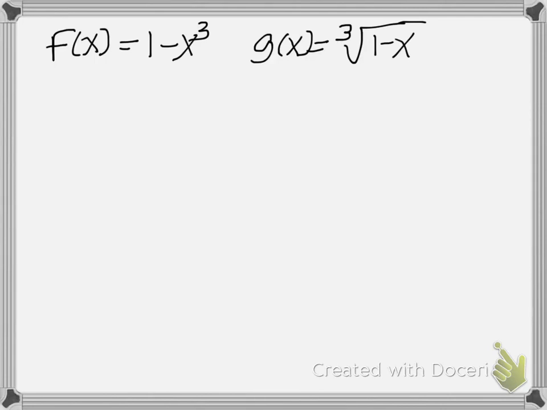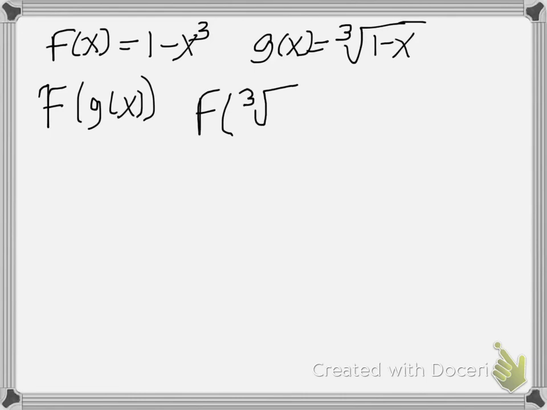Well, compose them. First find f of g of x. Okay? So g of x is this cube root of 1 minus x. So now I want to find f of the cube root of 1 minus x. So basically everywhere I see an x up in my f of x function, I'm going to replace it with the cube root of 1 minus x.